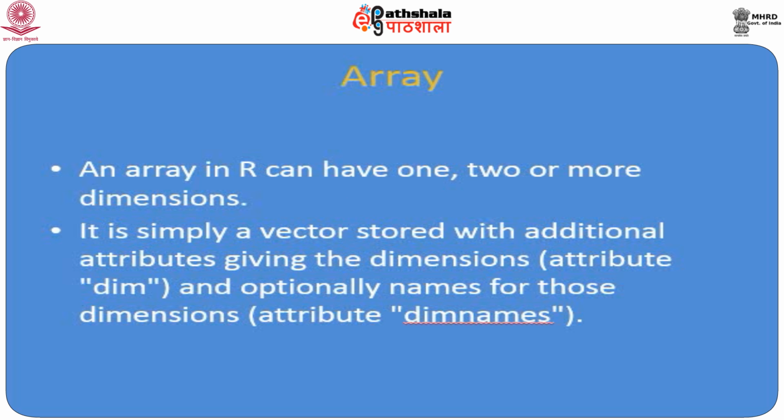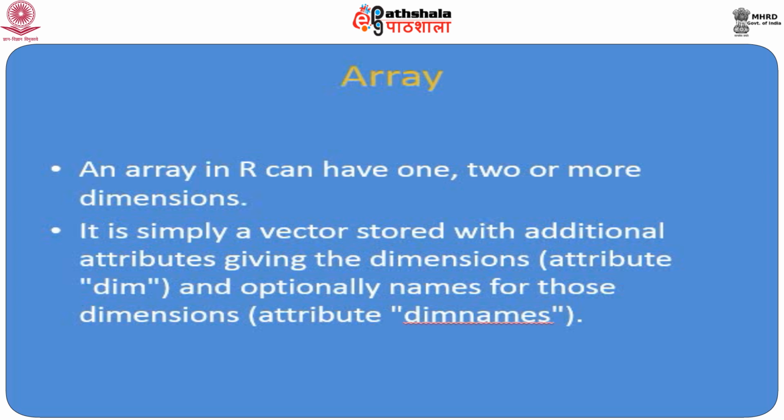Now, we will be discussing the last member of the data types, which is an array. Unlike the previous ones, an array in R can have 1, 2 or more dimensions. It is simply a vector stored with additional attributes giving the dimensions and optionally names for those dimensions.